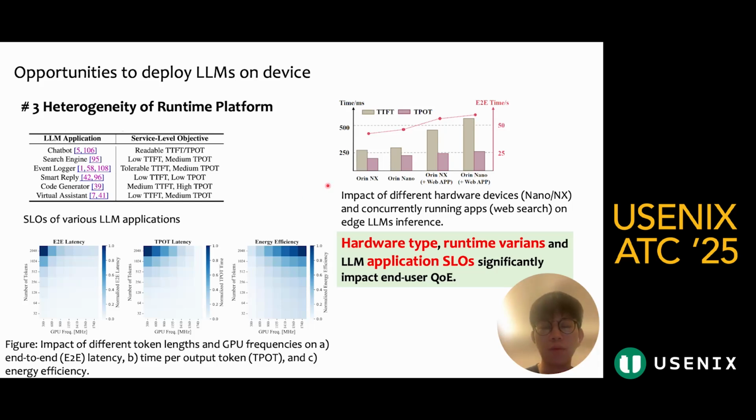Apart from the model-level and text-level heterogeneity, the third is about the platform. Different applications may have different SLO requirements, and different hardware devices, here we use the Nano and the NX, have various impacts.